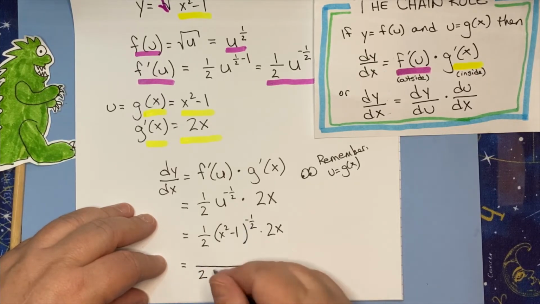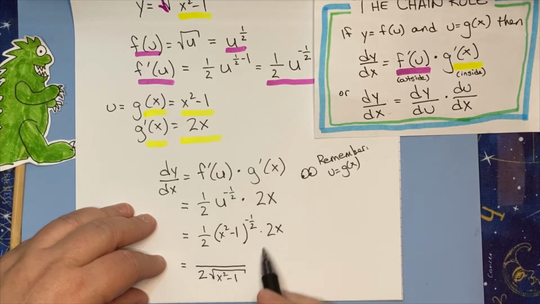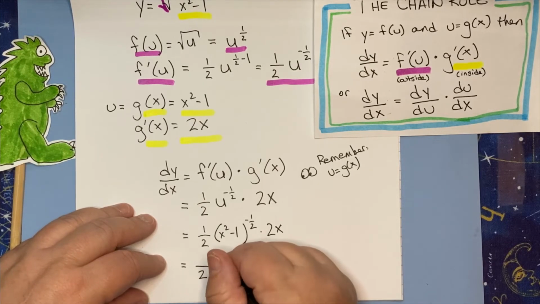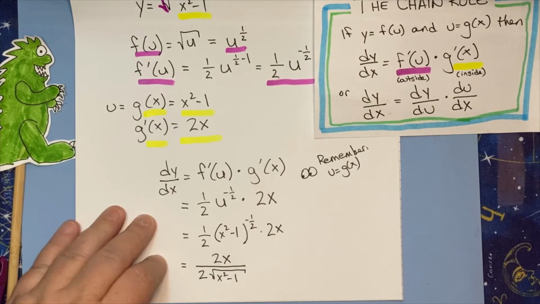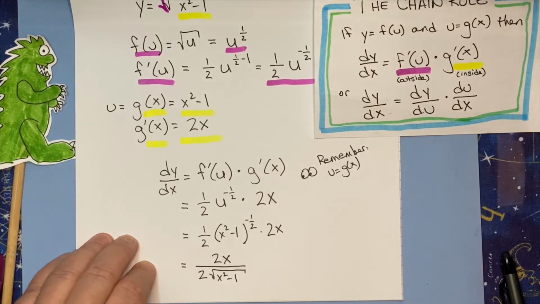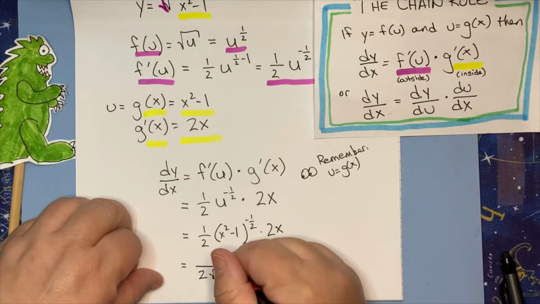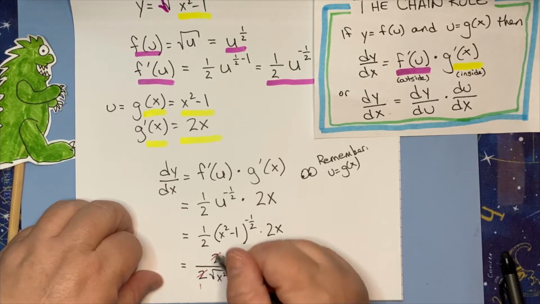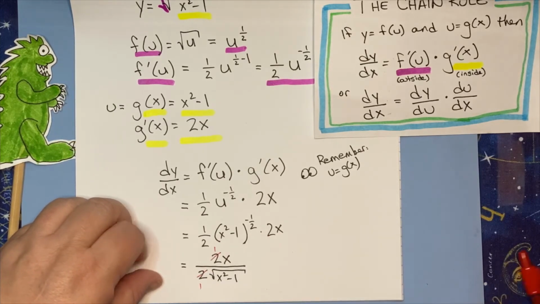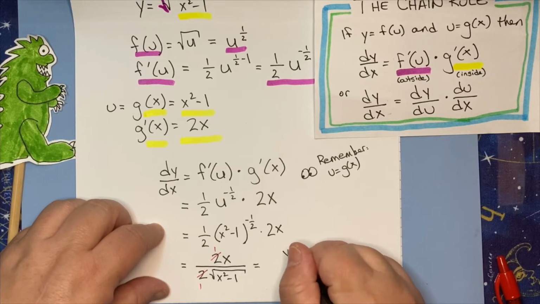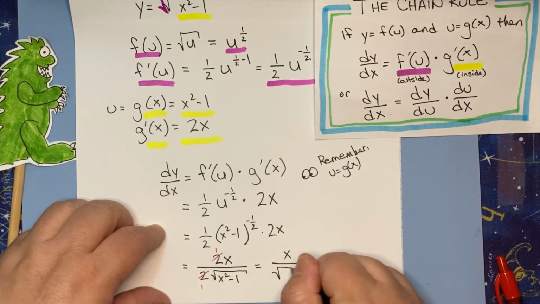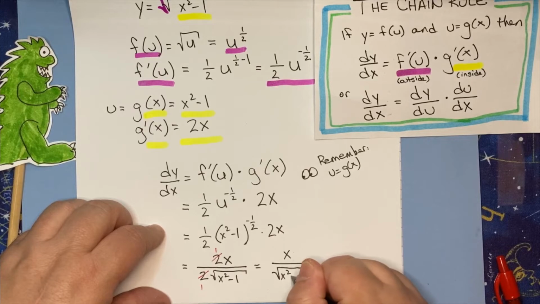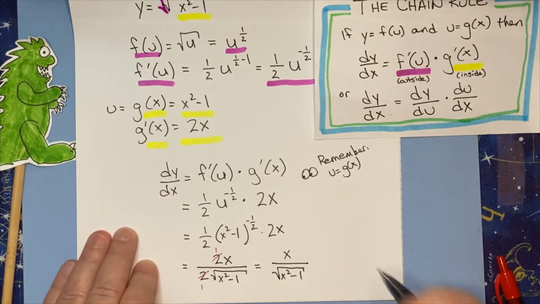This negative means the square root is down here. But then the 2x is up on top. And, oh my goodness, where's my red pen of destiny? Look at this. This 2 and that 2 cancel. Woohoo! And we end up with this really interesting x over the quantity x squared minus 1 for our derivative.